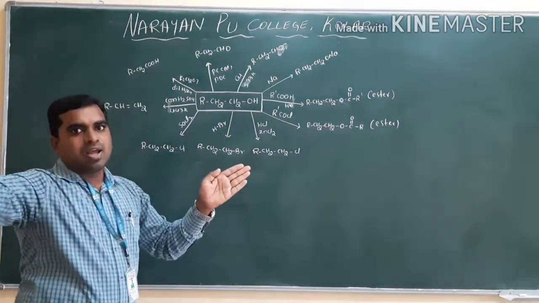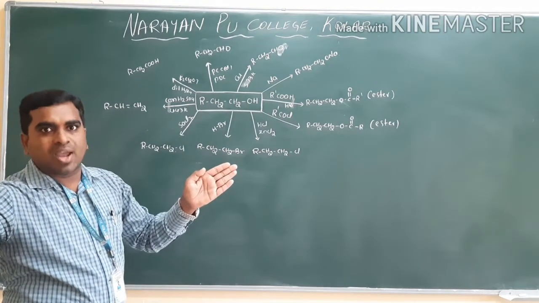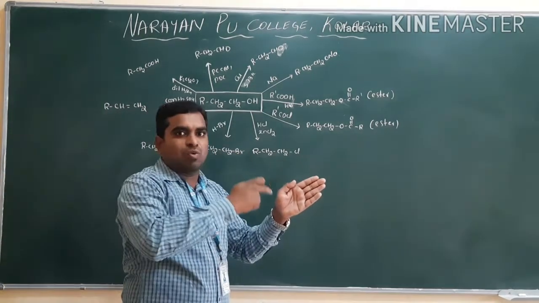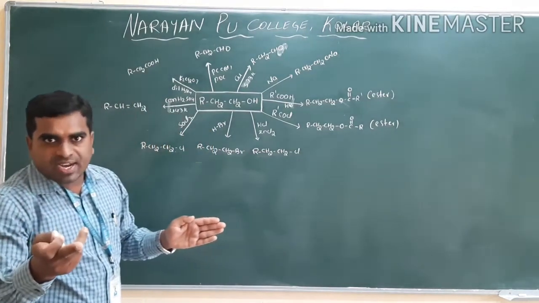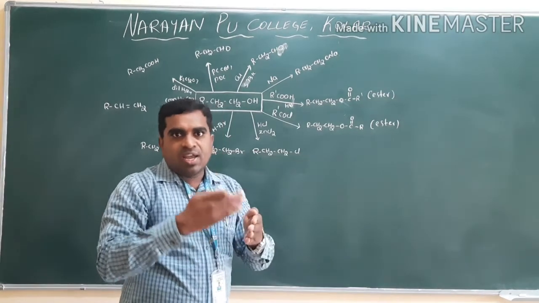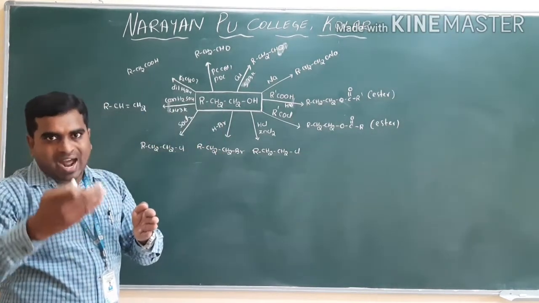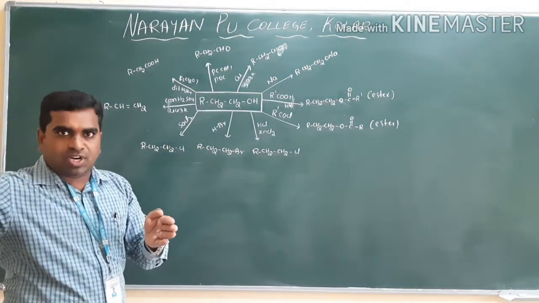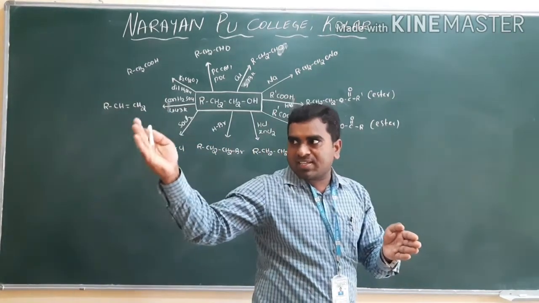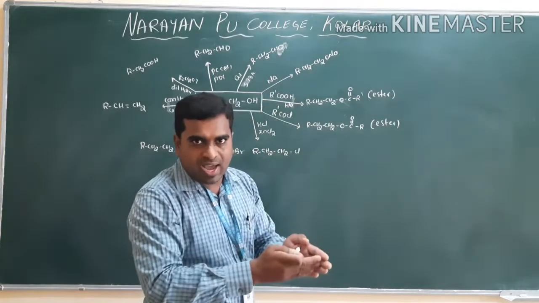Directly, primary alcohols are converted into acids with the equal number of carbon atoms as the original alcohol. In the same way, I have taken secondary alcohol. When secondary alcohol is oxidized, it is converted first into ketone, and after that into acids, but those acids have fewer carbon atoms than the original alcohol.